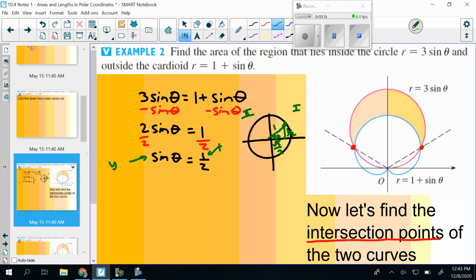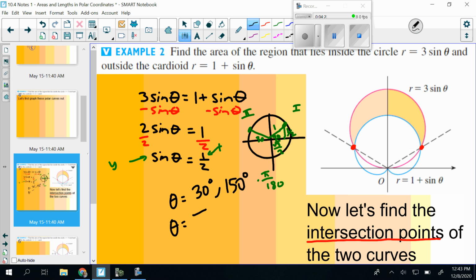So when the angle's 30 here, and also 30 in that one, the two answers here are 30 degrees and 180 minus 30 degrees, or 150. If you convert those into radians by multiplying both by pi over 180, you get the same thing in radians.